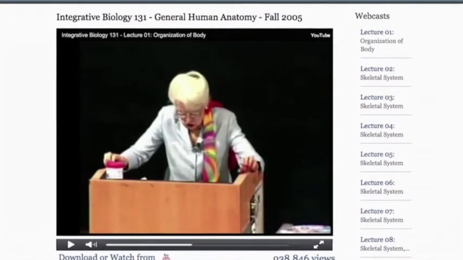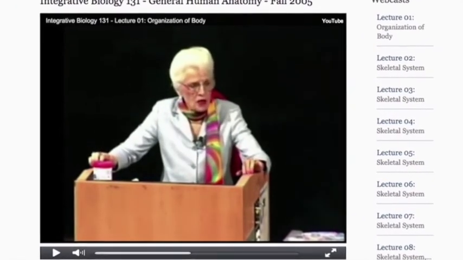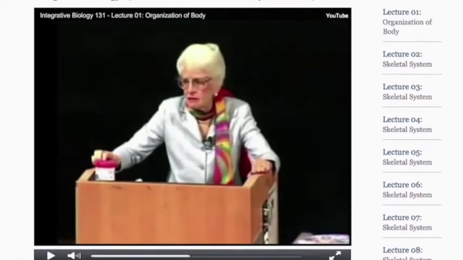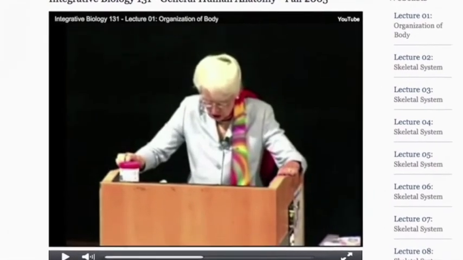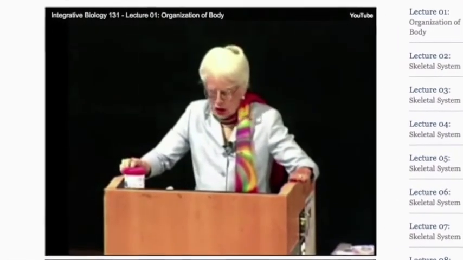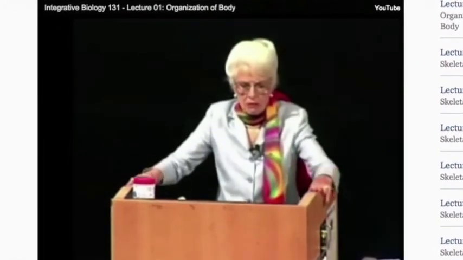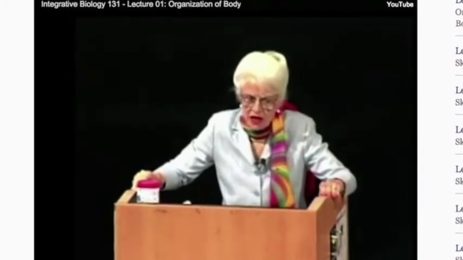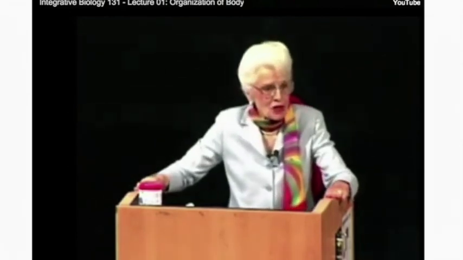How many of you know the structural and functional unit of the lung, without which you cannot breathe? One. Anatomy is hard to learn. Second question. How many of you know the structural and functional unit of compact bone, without which your bones would collapse? You'd just be a puddle of protoplasm there. We do need a class, don't we?